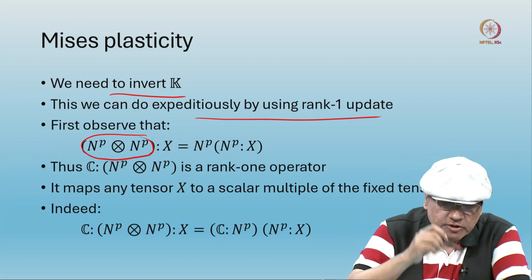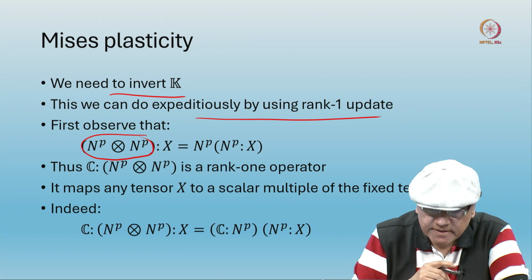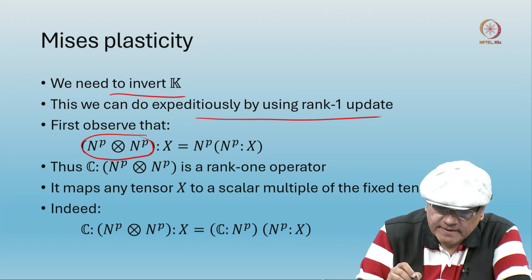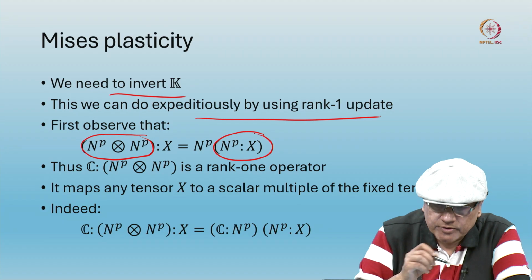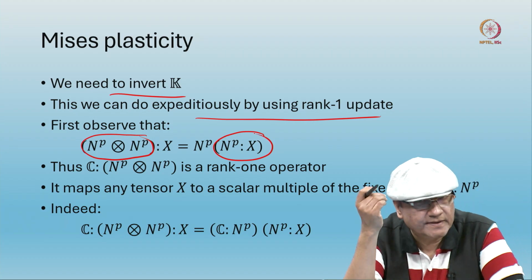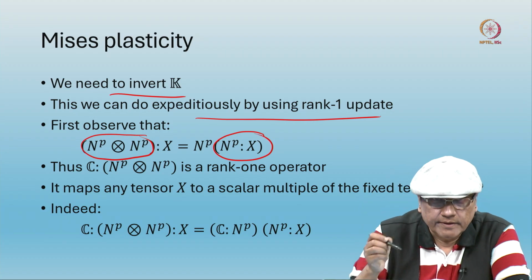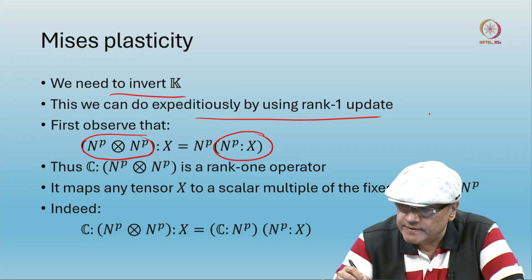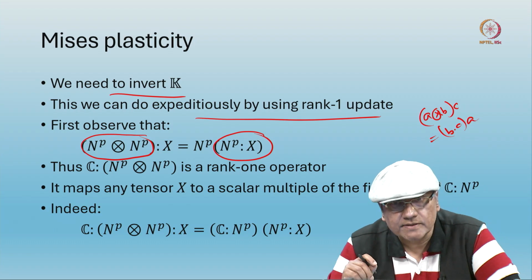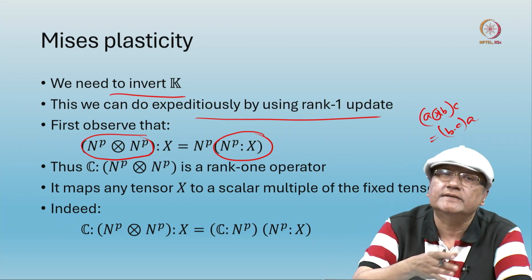Then by the definition of this tensor product, we can write this as np inner product with x times np, right. This is how you remember that if a and b are two vectors and c is also another vector, then this is nothing but b dot c a, right. So this is exactly the same thing but written in terms of tensors, okay.